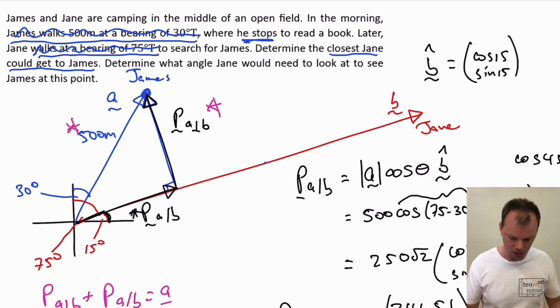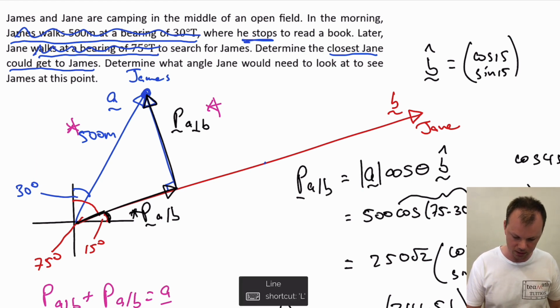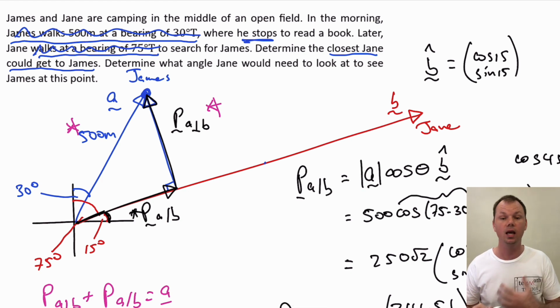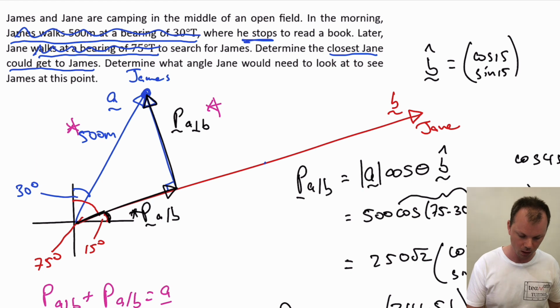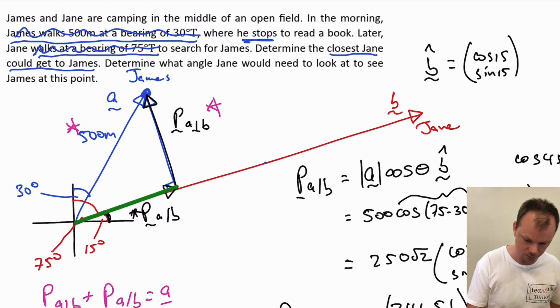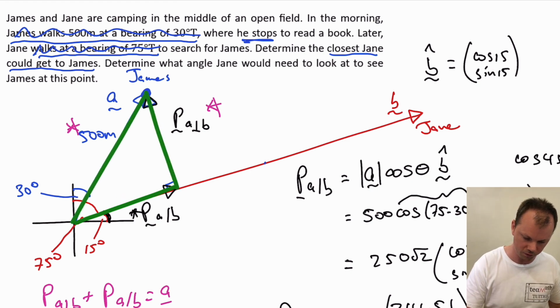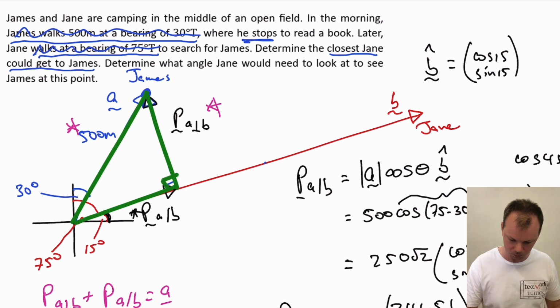So having a look at this question, I'm going to show you another way to do this particular one. It's not necessarily going to work for all the questions. It depends on the information you're given and what you're looking to find. So if we have a look at this triangle here, what bits of information do we have? We know that's a right angle.